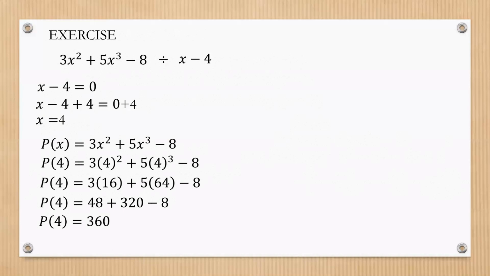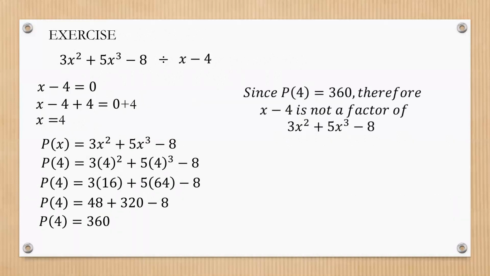So therefore, we have the remainder theorem here. Since p of 4 is equal to 360, therefore, x minus 4 is not a factor of 3x squared plus 5x cubed minus 8. So that's what it means. So when there is a remainder, the divisor x minus 4 is not a factor of the dividend.